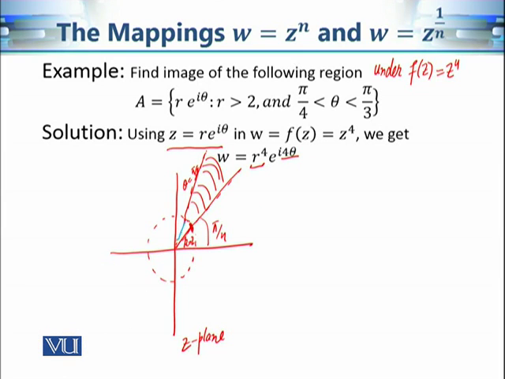This blue region is not included, but this region is included, which lies between pi by 4 and pi by 3, and of course the modulus is greater than 2.